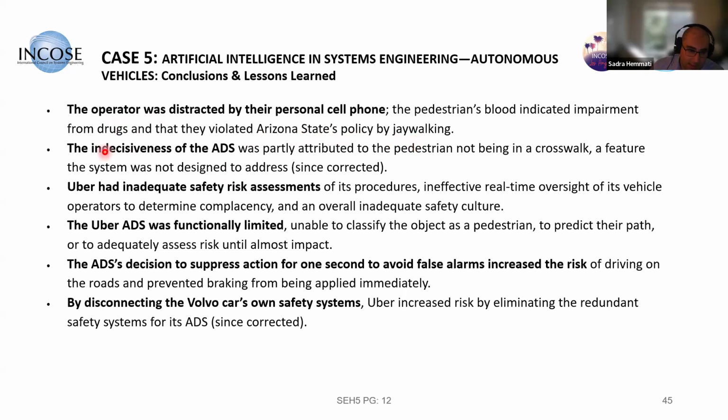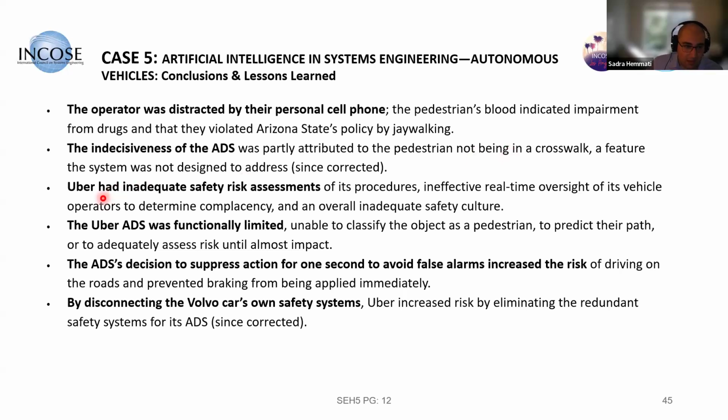And the ADS, or automated driving system, was indecisive, partly because the pedestrian was somewhere they were not supposed to be. But now they design these systems considering that maybe someone is walking on the highway, right?